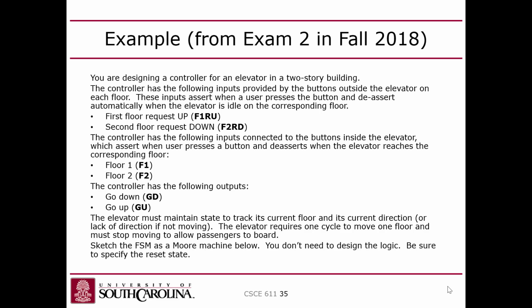And if we're on the second floor idle, we can go down, likewise, if we get an F1 request from the first floor, unconditional transition here. And then if you're in the elevator, there's go up and go down. So if you're on the second floor and you go down, this would be F1 or go down, right?